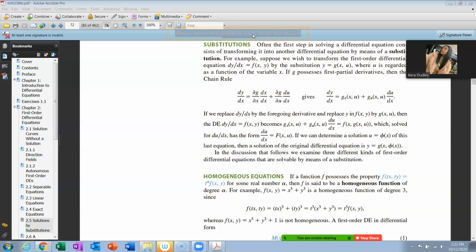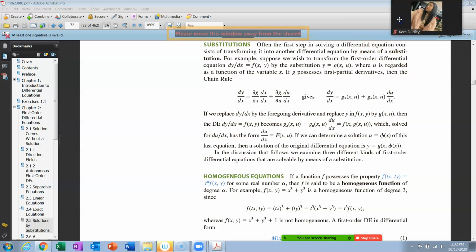All right, now where we were last time, we had just started, we're in Chapter 2, First Order Differential Equations. We had just started Section 2.5, Solutions by Substitution.